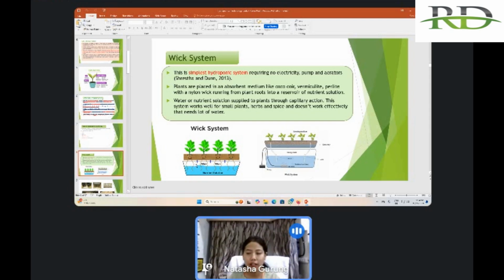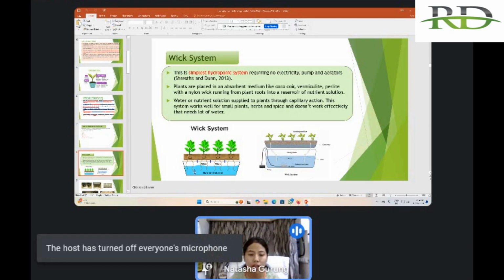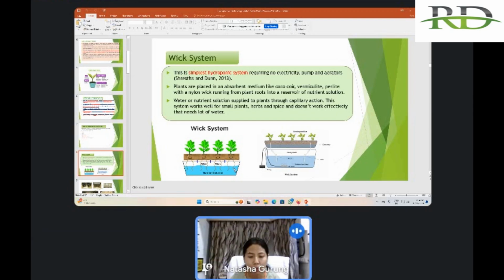We take a cotton thread or any nylon cloth and dip it in a nutrient solution, and that cloth soaks up the nutrients through capillary action and gives the nutrients to the plant. Here you can see the wicks in these net cups. The nutrients are taken up and given directly to the plant.